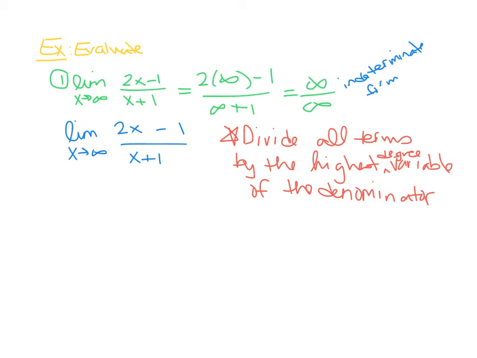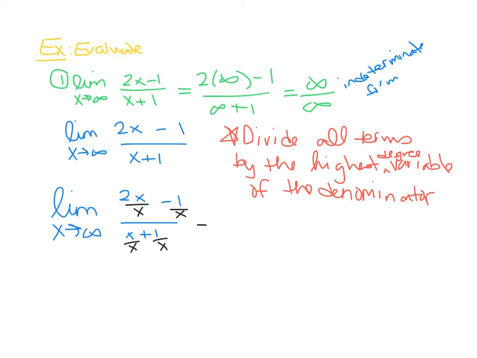So I wrote this out. Divide all terms by the highest degree variable of the denominator. Sorry, it ended up being a little messy. So I'll show you how to do that. So in my denominator, my highest degree variable is x. So what I'm going to do is take all of my terms and divide every single part of this fraction by x.